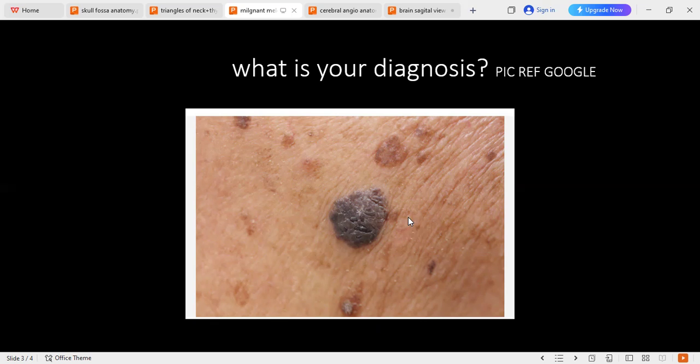The things that make it worrying are if it is increasing in size, itching or bleeding, or change in the nevus. Yes. Okay. What treatment can you offer the patient suffering from malignant melanoma?